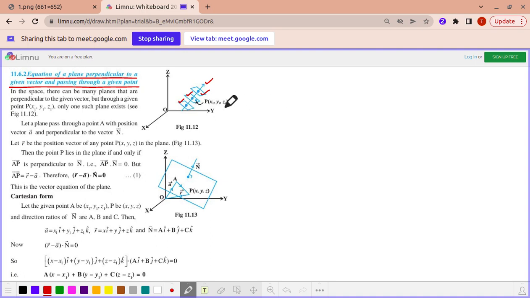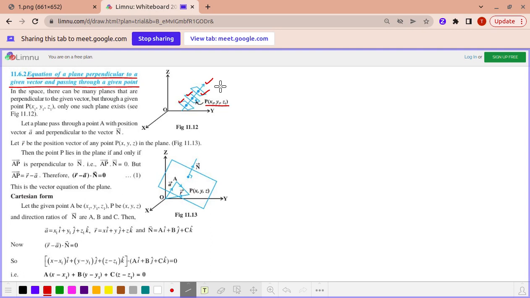For example, if we consider this particular point P having coordinates x1, y1, z1, and we need to construct a plane containing that point P and perpendicular to a given vector, then the plane is unique, that is only one plane, and we are going to find the equation of that plane.